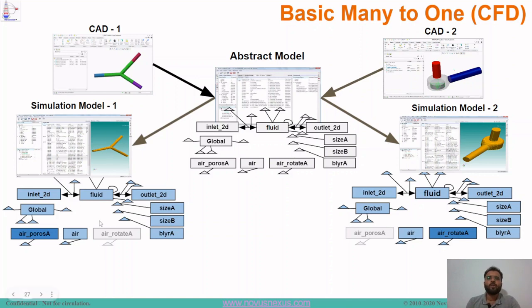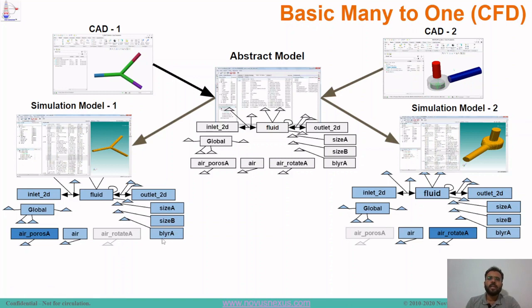As you might have noticed, the air rotate A isn't applicable in the viaduct model, but it is still present in the abstract model. During the synchronization of the viaduct model, CAENexus identifies that there is no real component assigned with air rotate A in the geometry and eliminates the class along with its attribute.